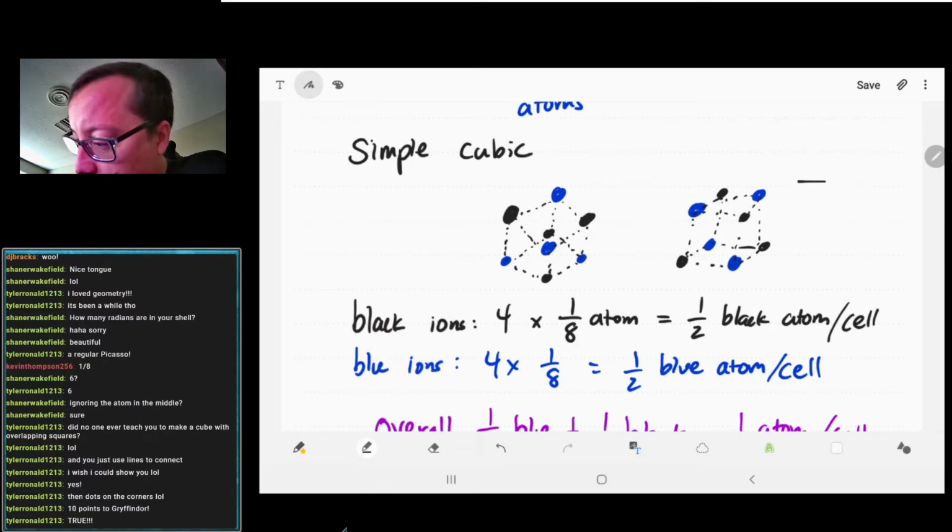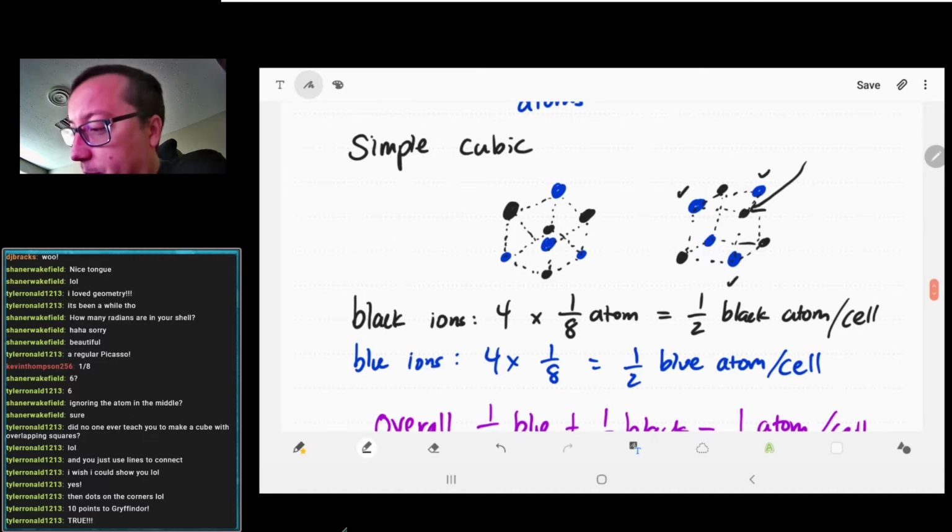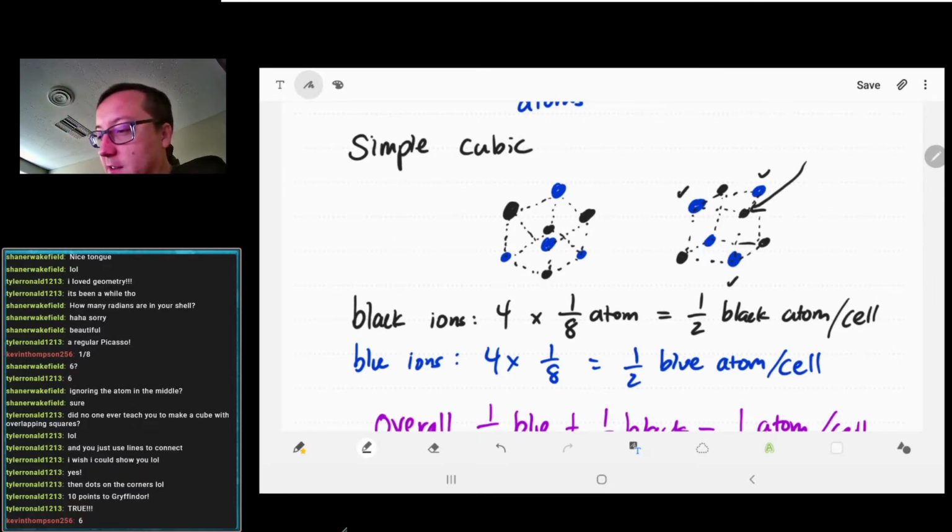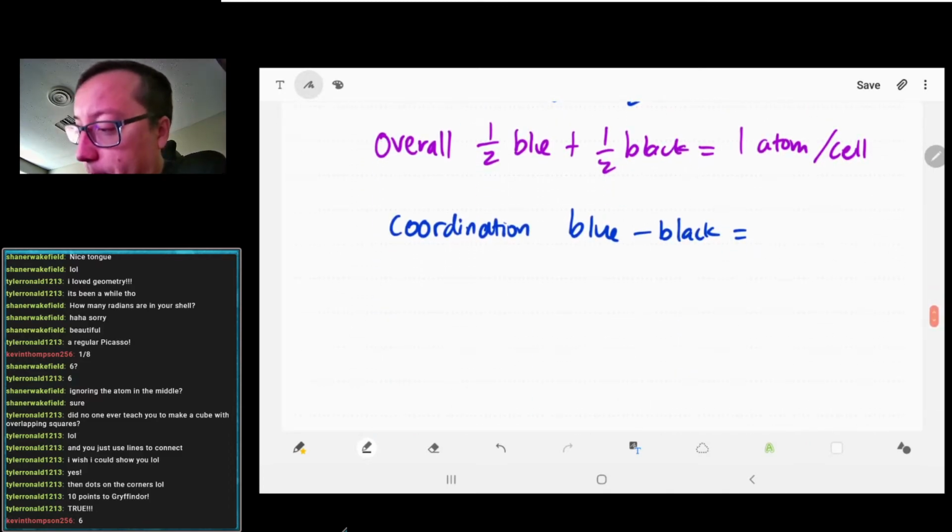So if we're looking at this one, we can see very clearly we have 3 blue of them at least, right? And we're just going to have the same ones on the opposite sides. So there's going to be a blue one above it, a blue one to the right, and a blue one coming towards us. And so indeed, yeah, we're going to have 6 overall there.